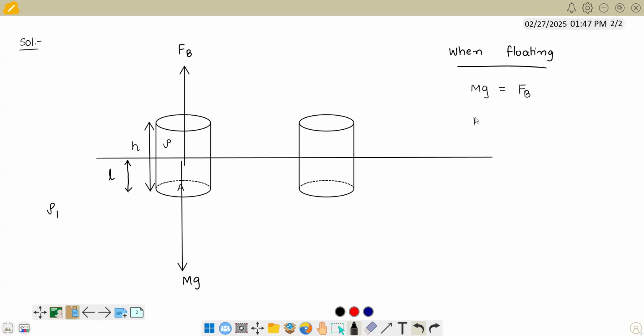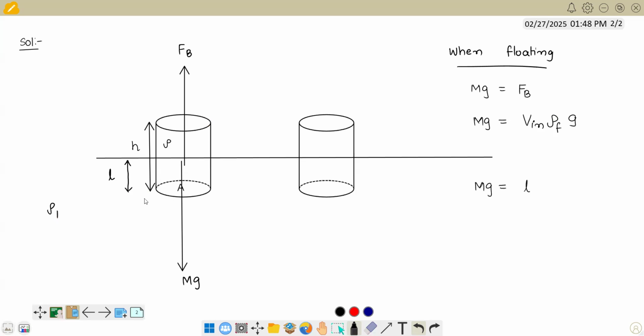So mg is equal to, what is force of buoyancy? Force of buoyancy is volume inside into density of fluid into g. This is the formula for force of buoyancy. What is the volume inside? L into base area.